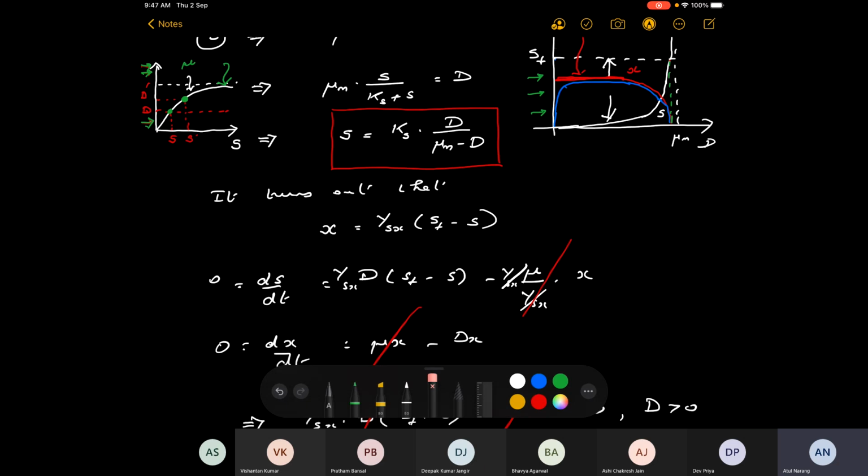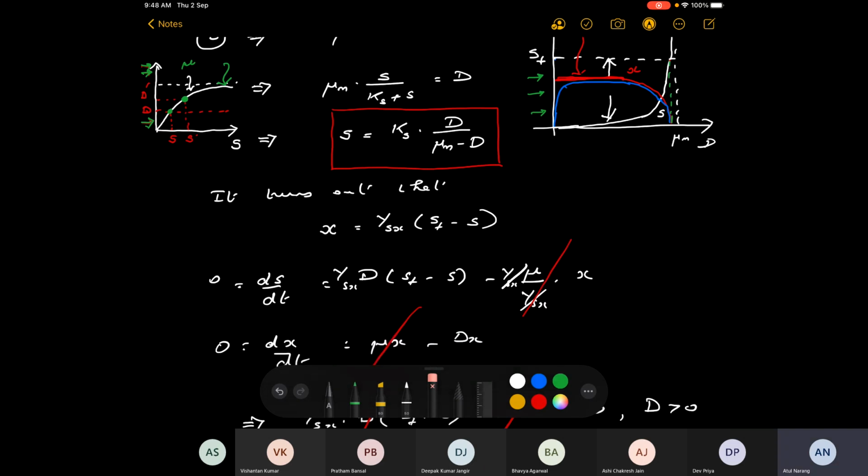If s is equal to sf, then x is equal to 0. So at this d, which is close to mu m, your substrate concentration becomes equal to the feed concentration, and the biomass concentration becomes equal to 0.